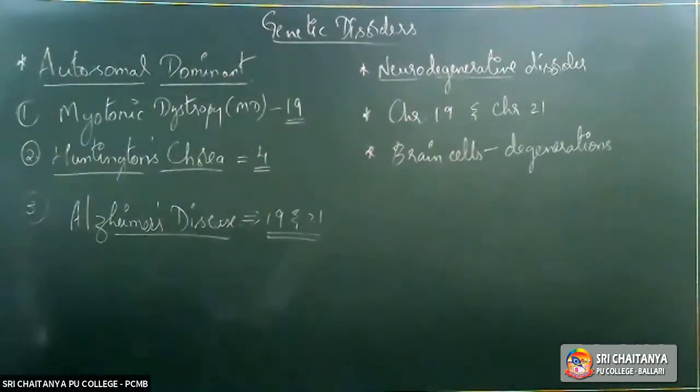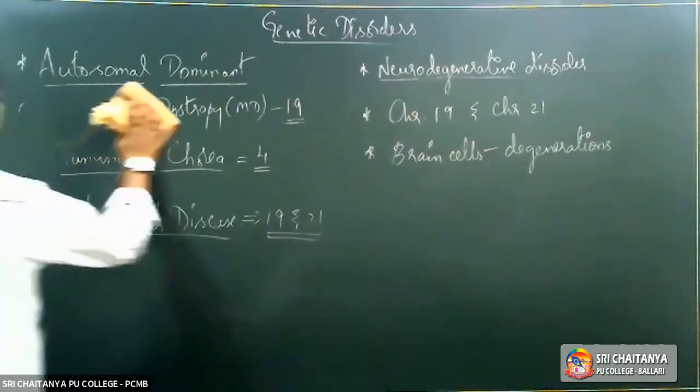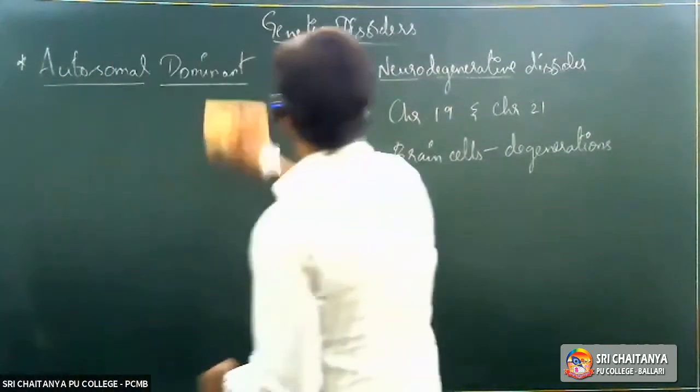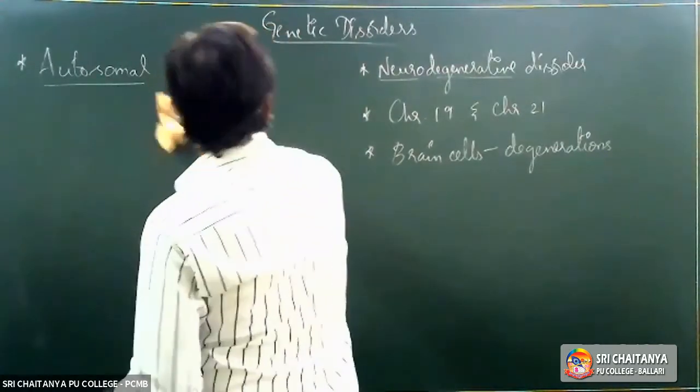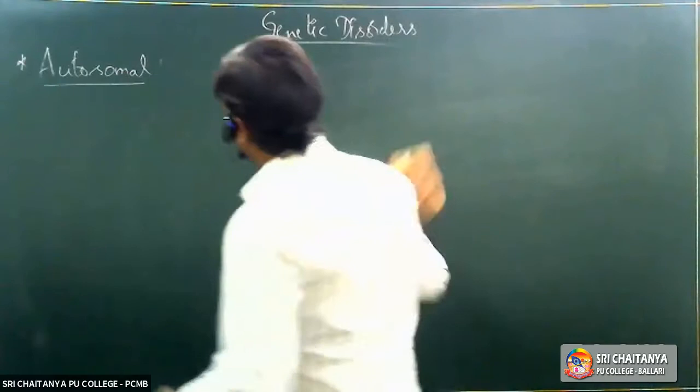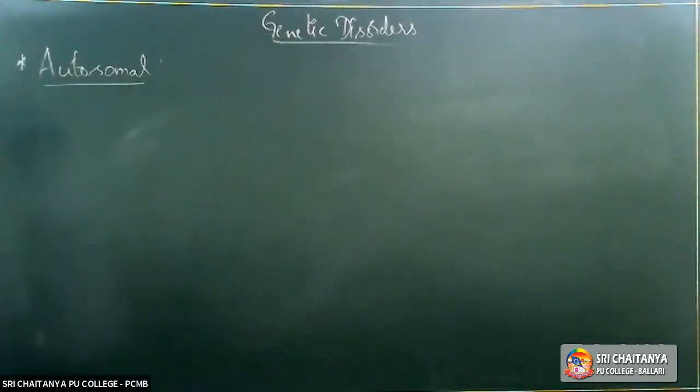Now let's take up autosomal recessive disorders. Let us take up a few autosomal recessive disorders and see how they are caused and what they do. The second category of disorders we have is the autosomal recessive disorders.